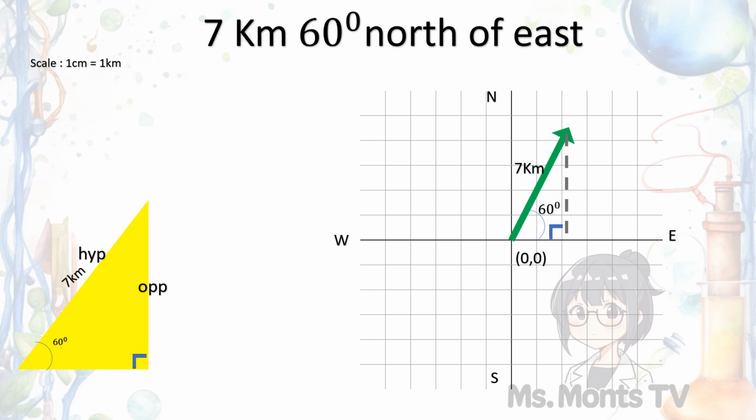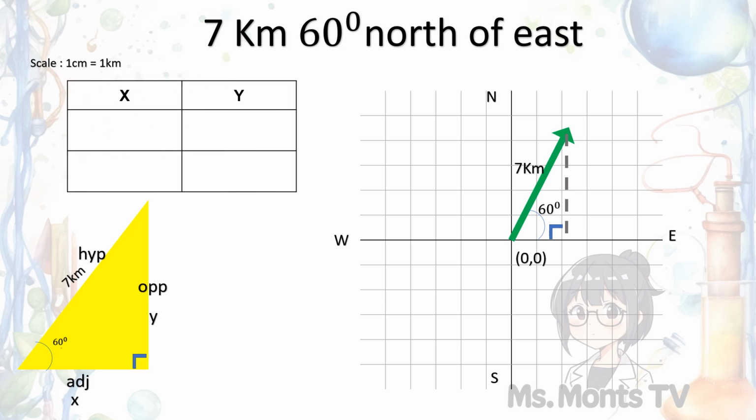If this is the angle, the side opposite it is the opposite. And the one beside the angle is called the adjacent. Our opposite is the vertical line, so that will be the y component, and the adjacent is the horizontal line, so that will be the x component.